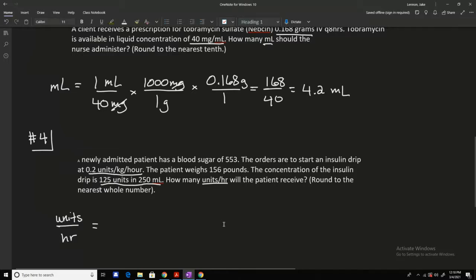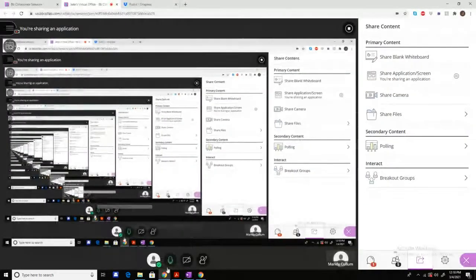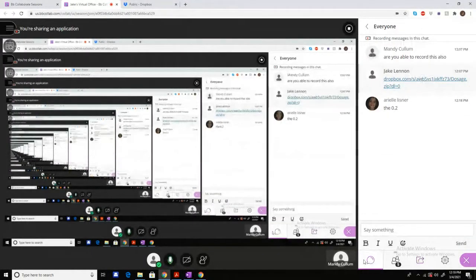So can anyone tell me which of those 2 numbers they would use? Or you can just type it in chat, I guess. But what would your inclination be? 0.2 or 125? So the 0.2, good, 0.2 is correct.